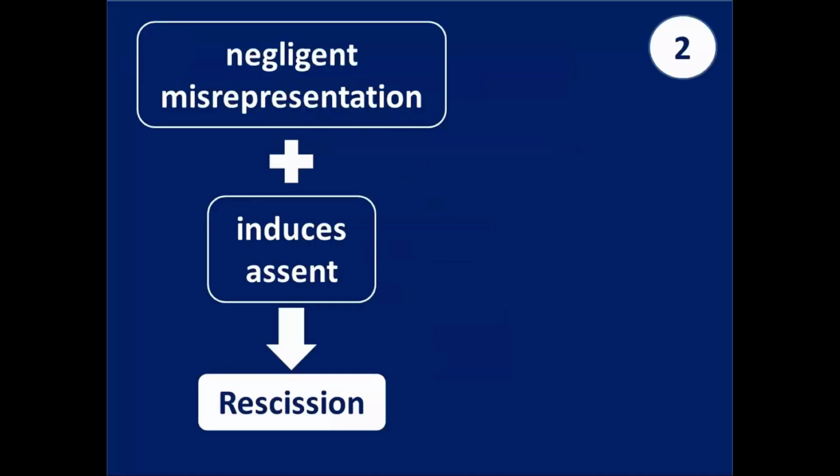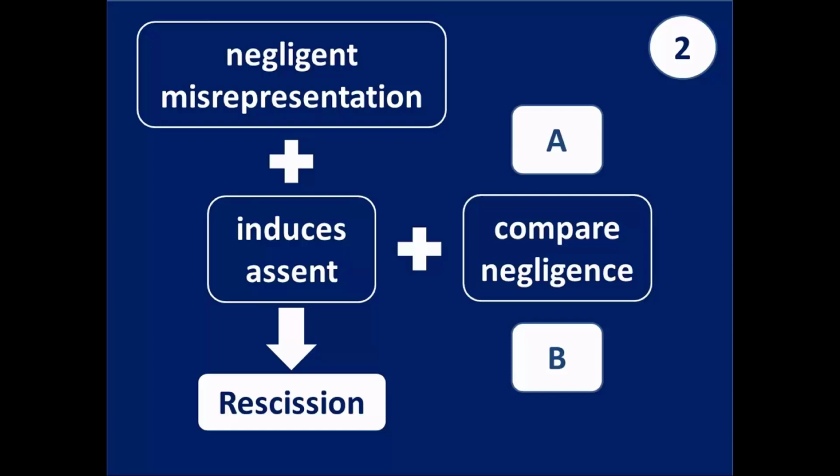Second, you should know that negligent misrepresentations that induce assent usually lead to rescission, unless the recipient was also negligent in relying on the statement. I've seen some tendency in cases for courts to think of the problem in comparative terms, so whoever is more negligent will probably bear the risk.